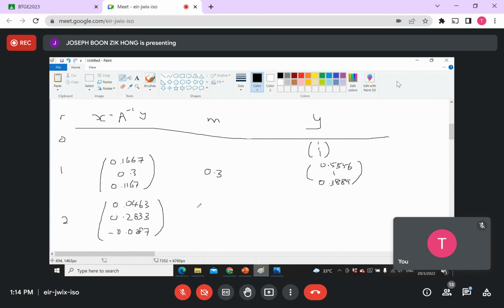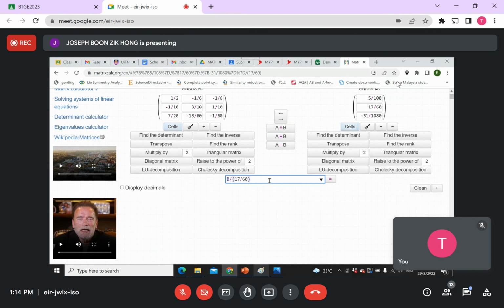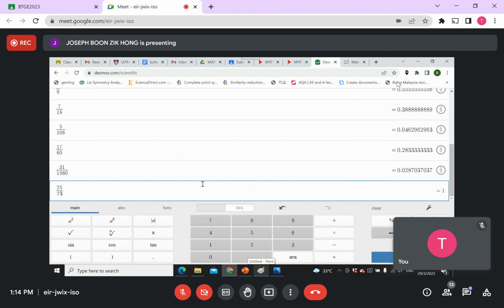So again, the biggest will be 0.2833. So that means your answer insert in B and then divide by the biggest one, which will be 17 over 60. 25 over 153, 0.0988.